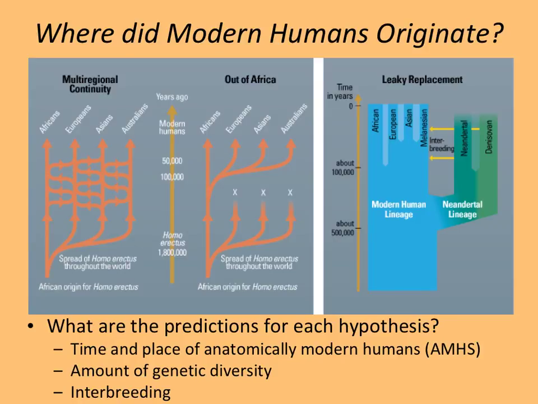Another hypothesis was that modern humans originated from a population in Africa. And then there were some people who thought that perhaps Neanderthals and Denisovans interbred with humans.